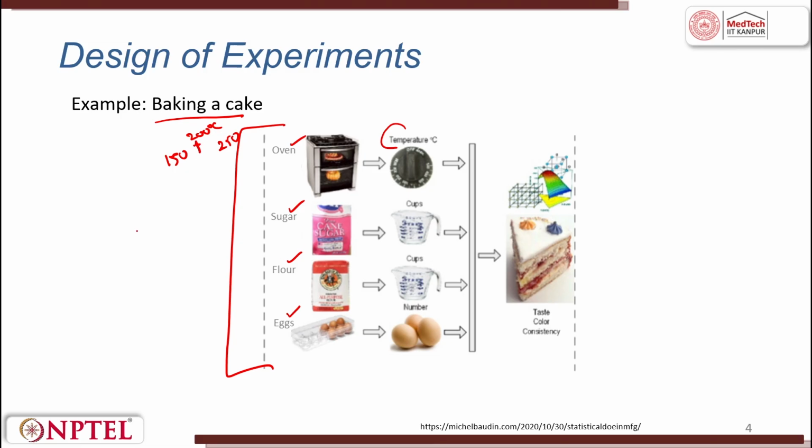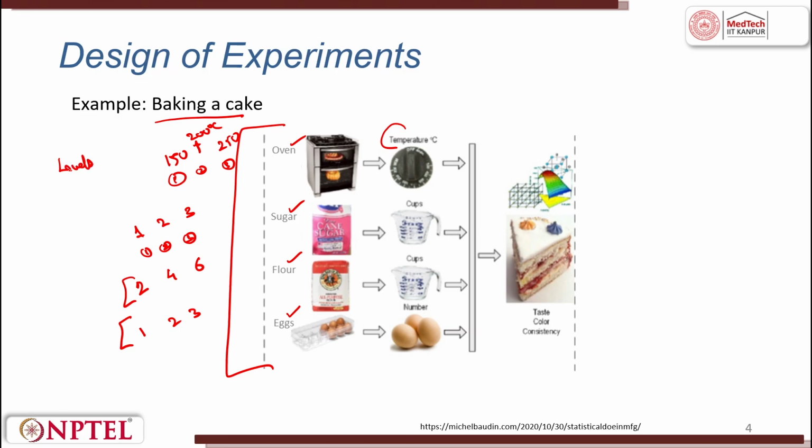Then sugar could be 1 cup, 2 cups, 3 cups. Flour could be, I would put, 2 cups, 4 cups, 6 cups. Egg could be 1 egg, 2 eggs, 3 eggs. So these are 3, 1, 2, 3, here also 1, 2, 3, a total of 3 each, and these become levels.